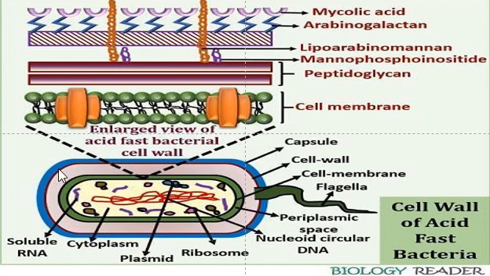Let's say this is the TB bacteria. The bluish portion outside is called the capsule. Just below the bluish capsule is the cell wall.